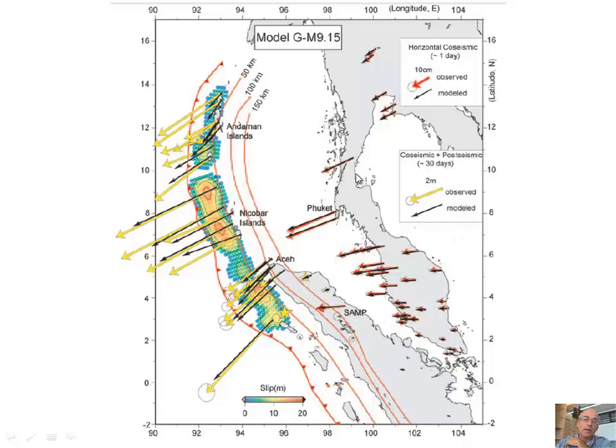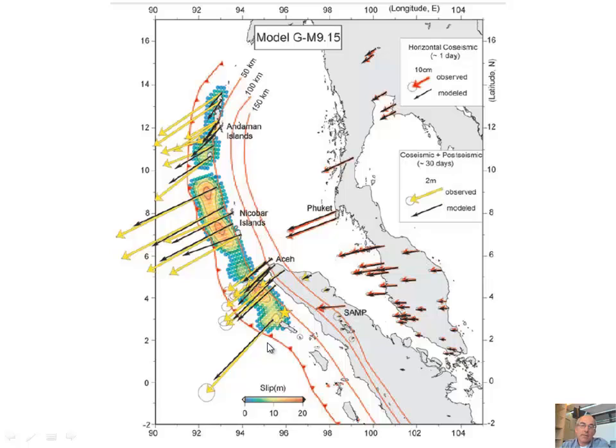The point was that the continuous GPS, all the red, they could get the displacements immediately. But it took as much as 30 days to get out and measure all the stations, so it was coseismic plus 30 days. But anyway, their best model for the coseismic is this one here.